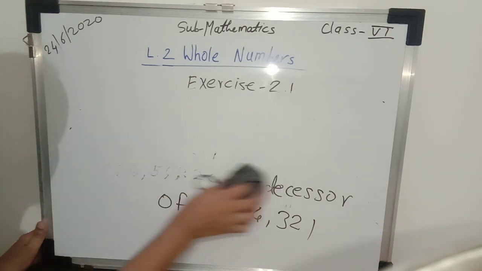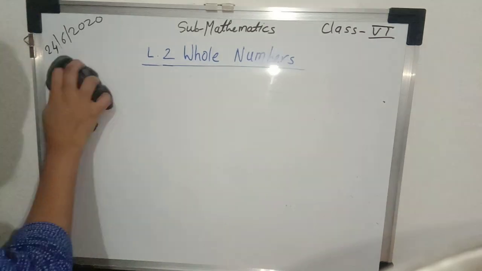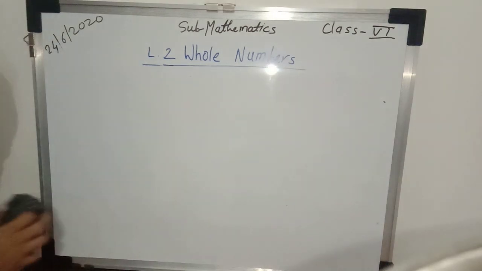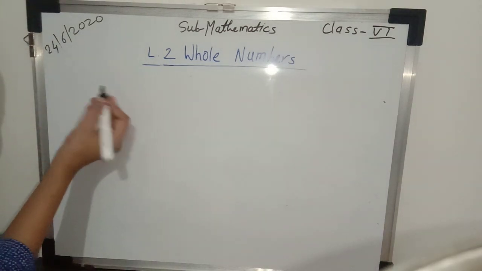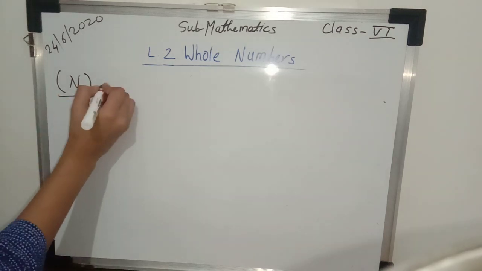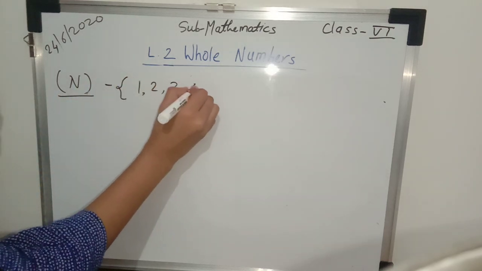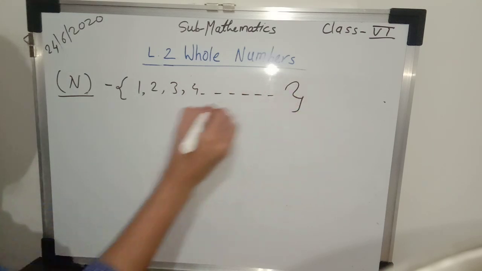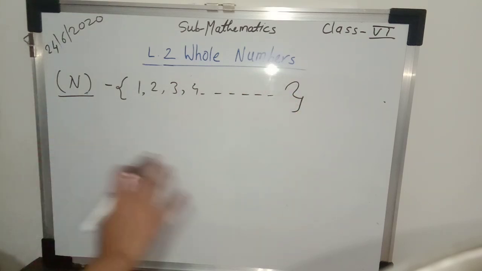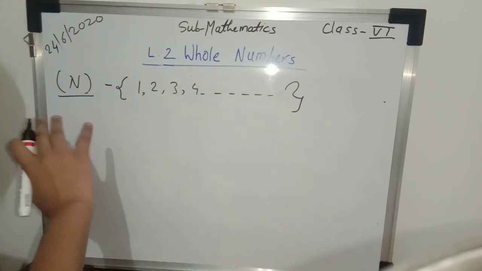First we have seen what natural numbers are. We use the capital N for natural numbers. They start from 1, 2, 3, 4, and so on to infinity. We can't say which one is the greatest natural number, because there are infinite numbers.